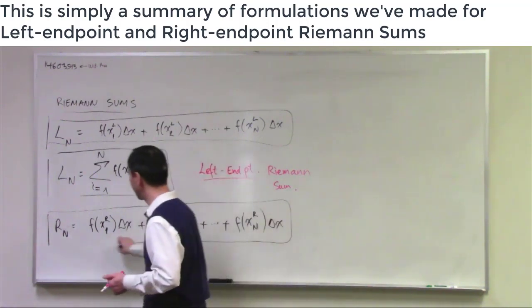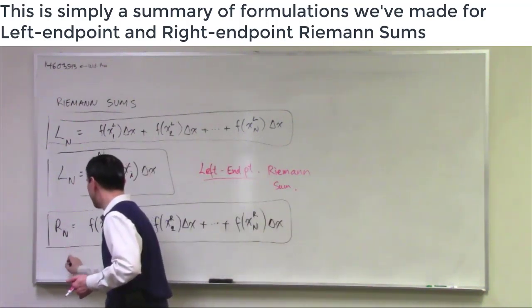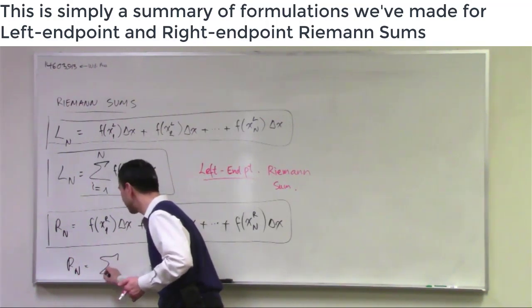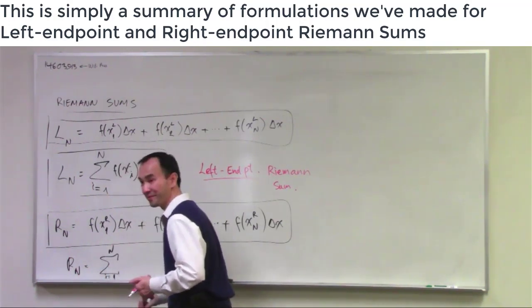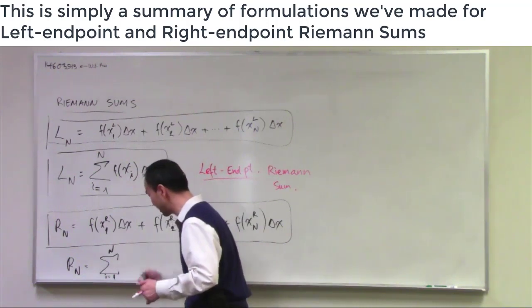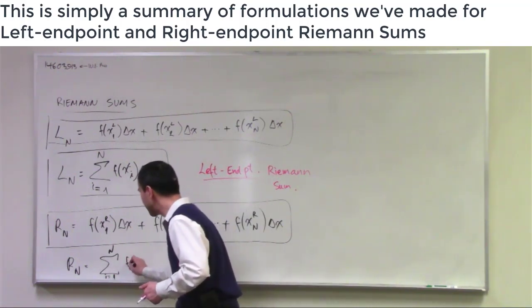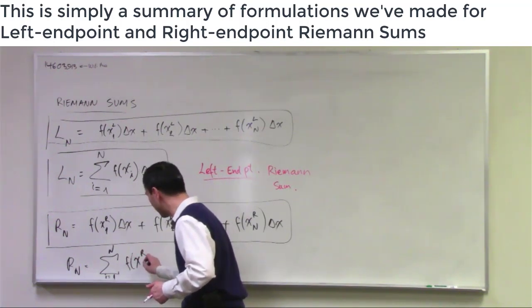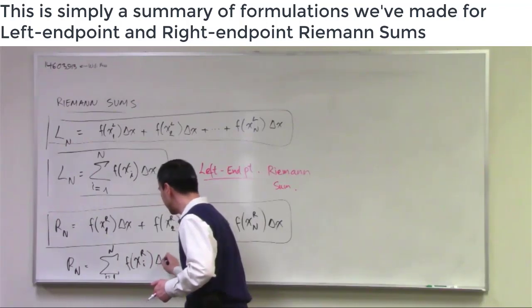Then again, in summation notation, R n here is going to be a sum, right? Indexing from I equals 1 to n, summing up all those terms from 1 to n, that's what the indices are for. And each term here is going to be generally the function at the right hand point, right? The function evaluated at the right hand point on any I interval, multiplied with delta x. Okay.